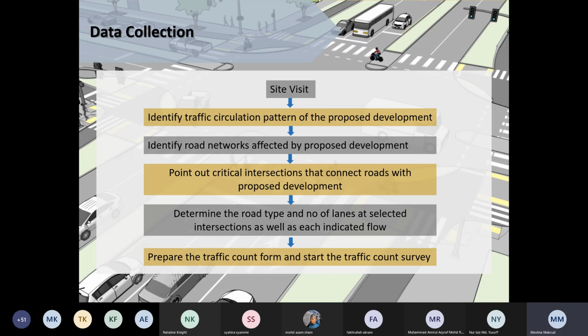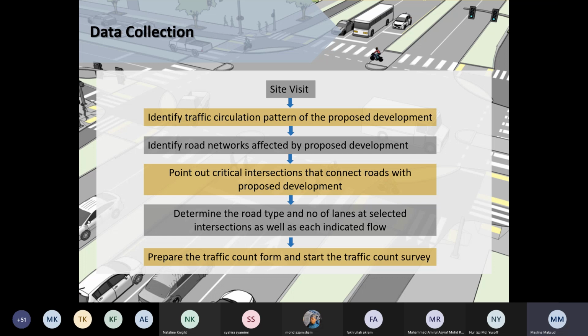So let me see first the data collection. When we want to do the data collection, first we will start with the site visit. Why? It is because we need to familiarize ourselves with the study area so we can identify the traffic circulation pattern of our proposed development and identify the road network that will be affected by our proposed development.